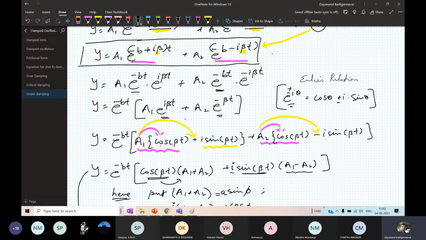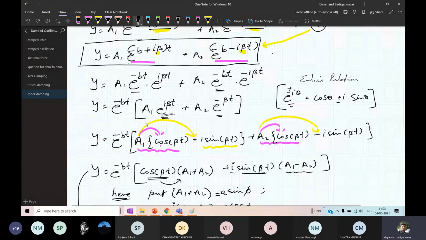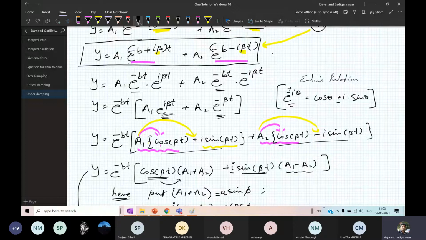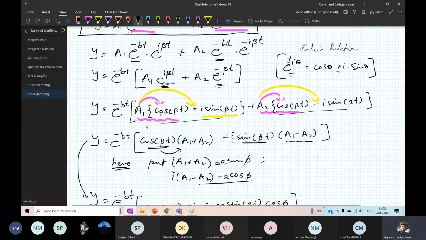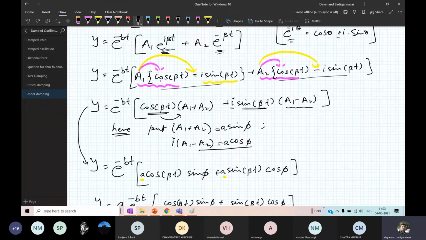I have to expand this using Euler's relation. You get cos beta t plus i sine beta t like this. Similarly, the second term you get cos beta t minus i sine beta t.